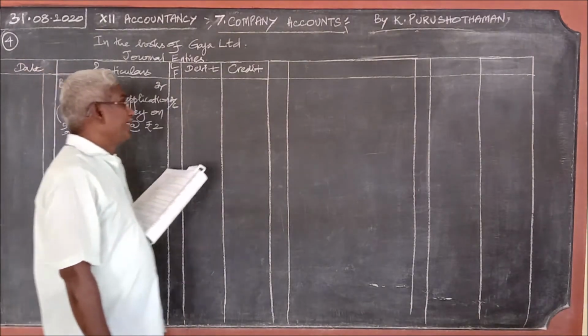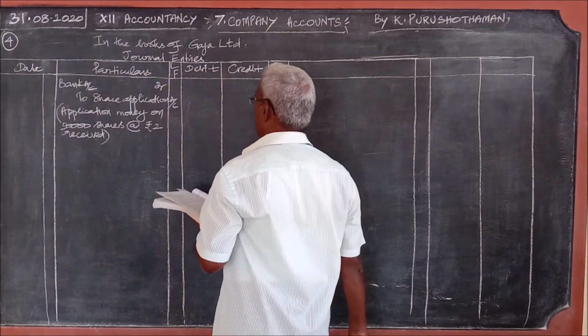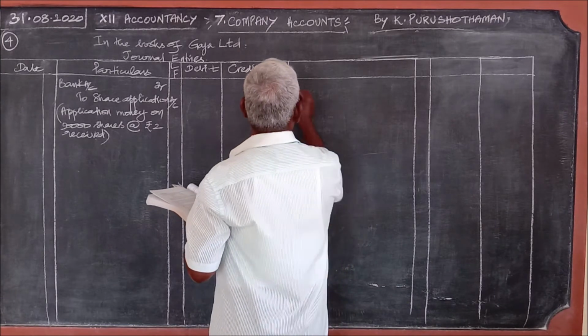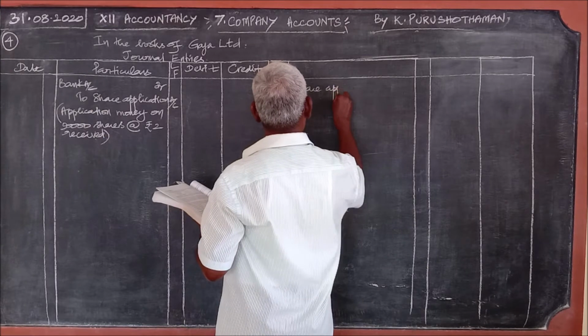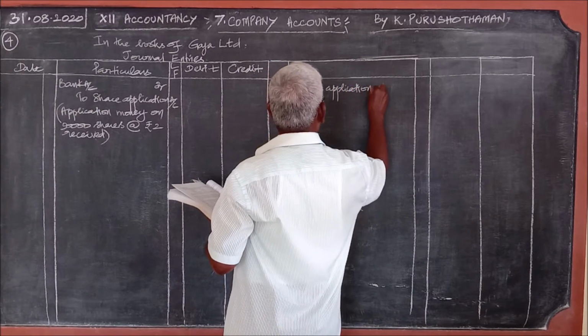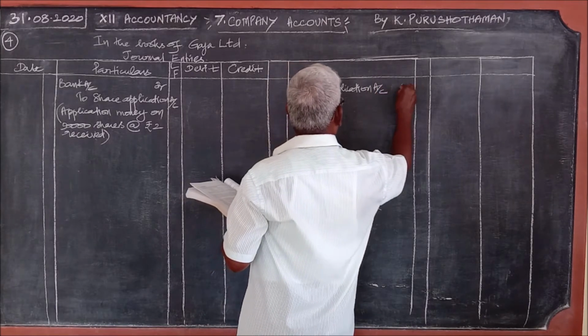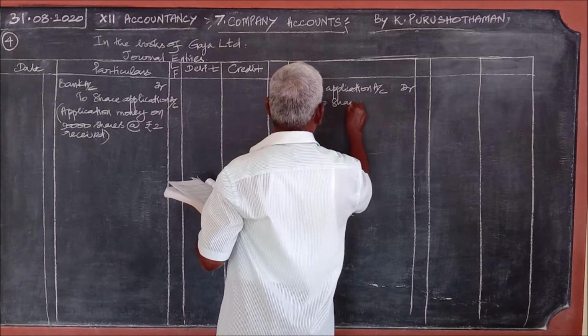And the second journal entry for the first stage, the application stage: share application account debtor to share capital account.